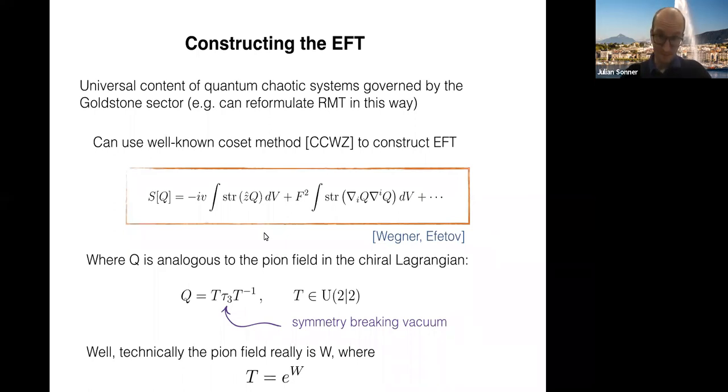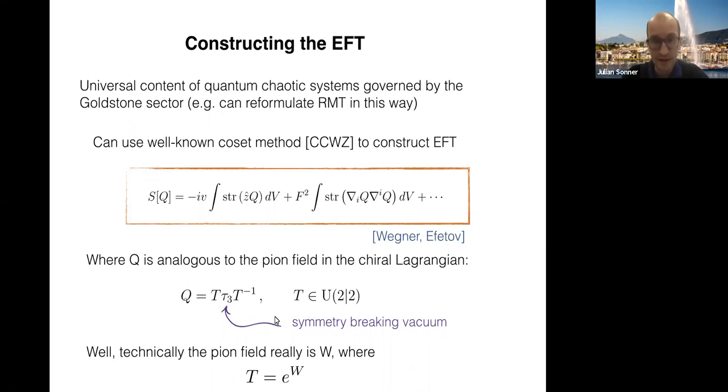So we introduce here this field Q. In the chaos community, in single particle chaos, this has been introduced by Wegner and Efetov. They like this parametrization in terms of matrices Q, which are related to what we would call the pion field. So tau 3, let's say, is the symmetry breaking vacuum.